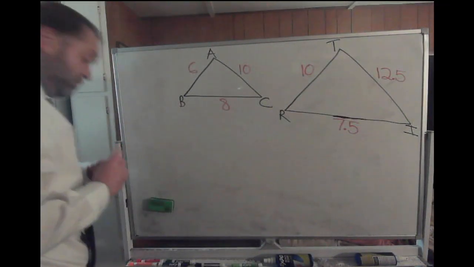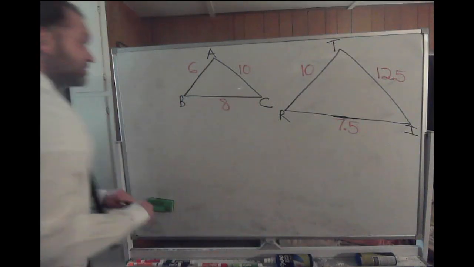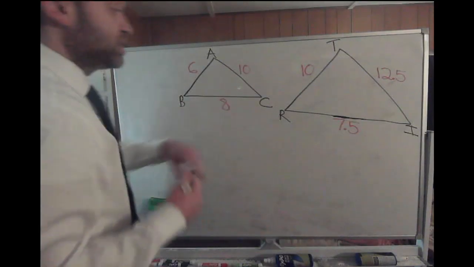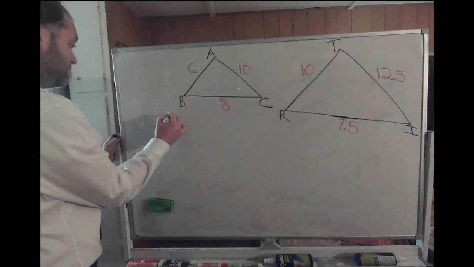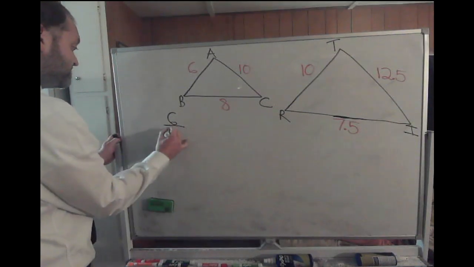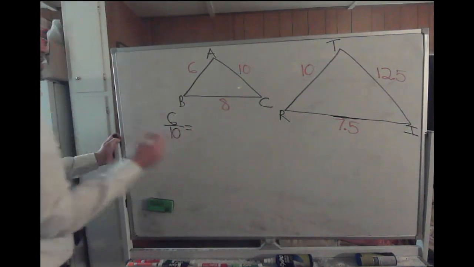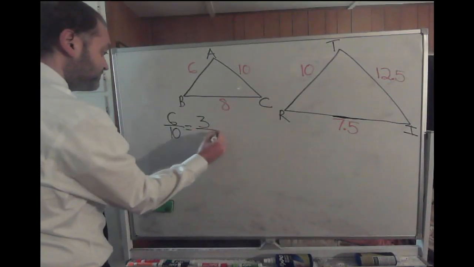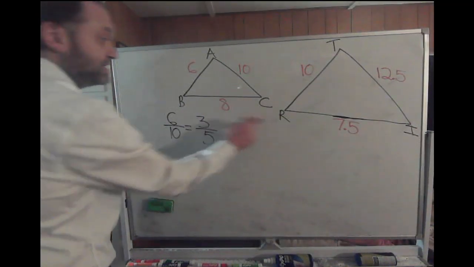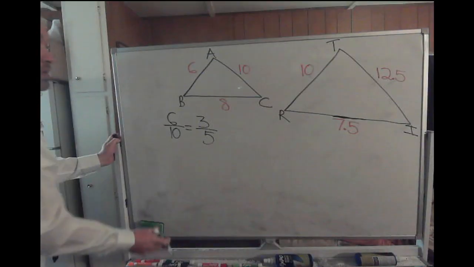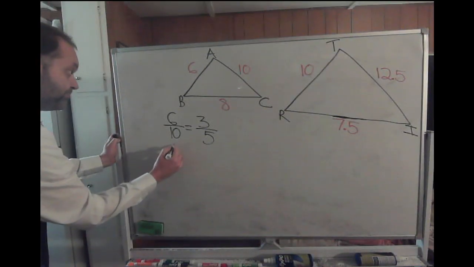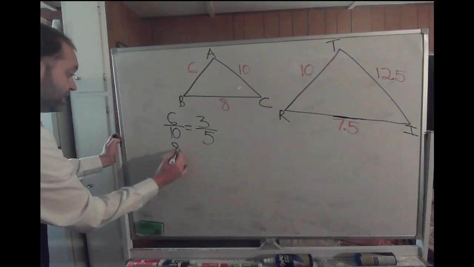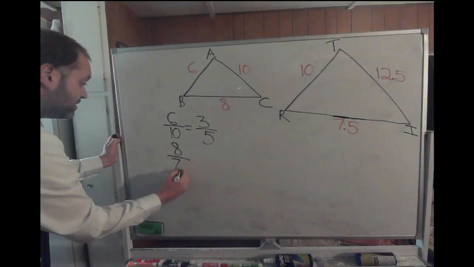So let's go with the corresponding sides here. Let's start out. AB would correspond to TR, so start with 6 to 10. What does 6 to 10 reduce to? 3 to 5. All right, then BC corresponds to RI, which would be 8 to 7.5.